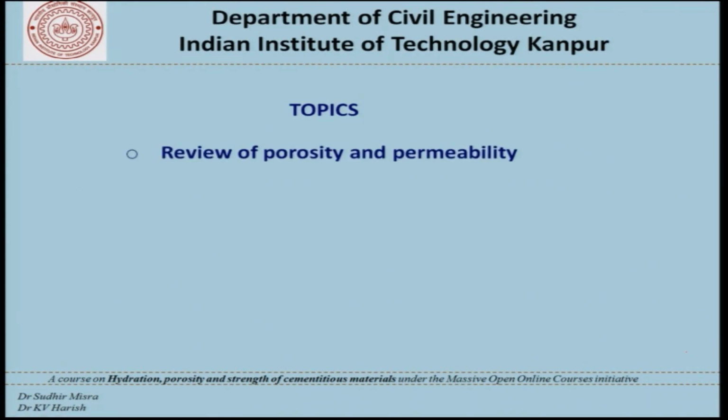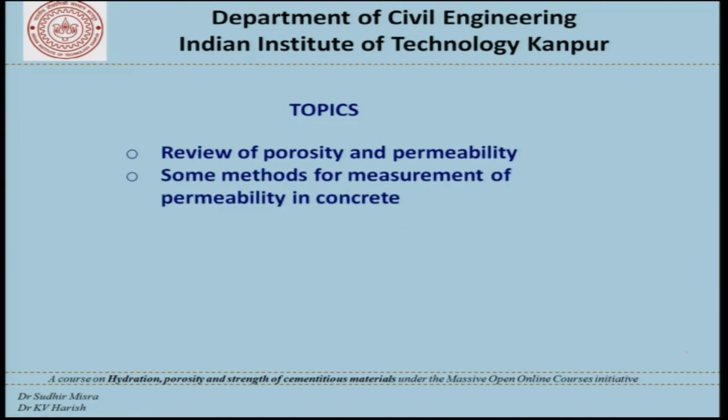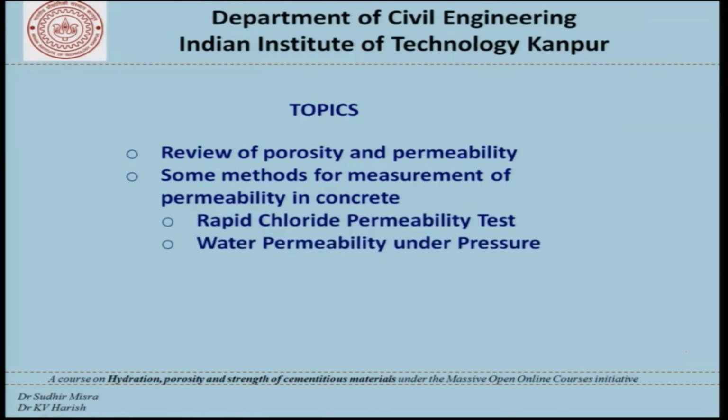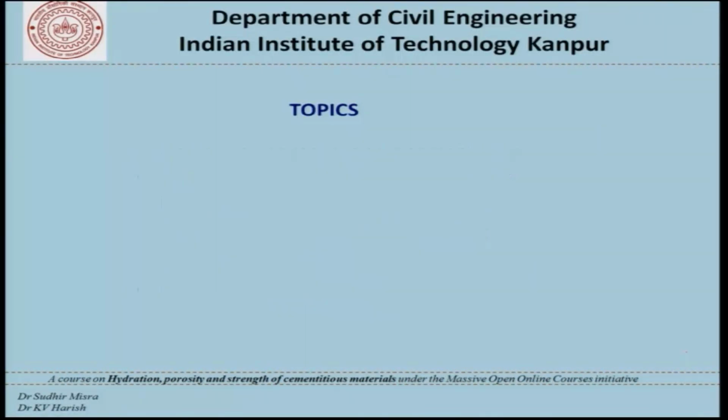Our discussion will be largely divided into a review of porosity and permeability, and of course we will talk about the methods for the measurement, the RCPT or the rapid chloride permeability test, the water permeability under pressure and ponding with salt water. And of course at the end of it I will leave you with some food for thought, questions that you may like to ponder about to get a better idea of what we have covered today.